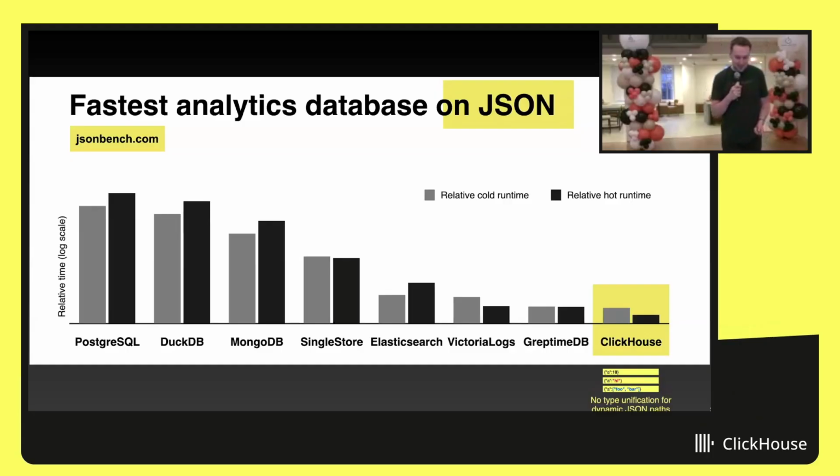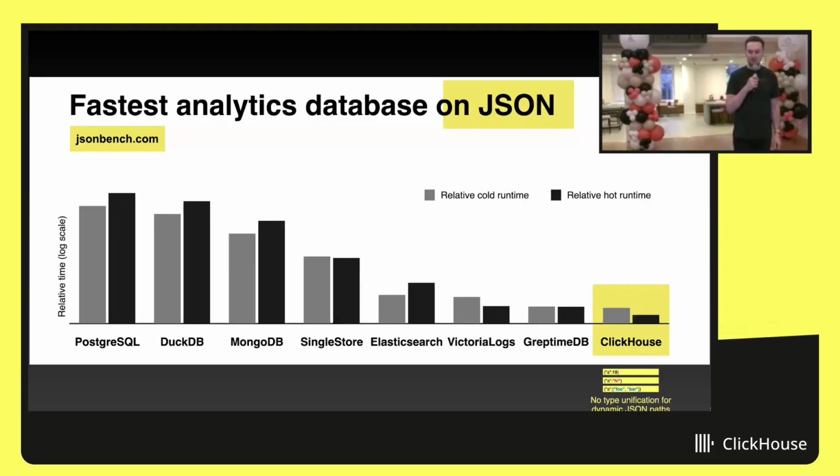And we are the only system that does not do unification of data types. So if you use, maybe, Postgres or SingleStore, it will try to derive the common data type. So if you have Int8 and UInt16, probably the common data type will be Int32.